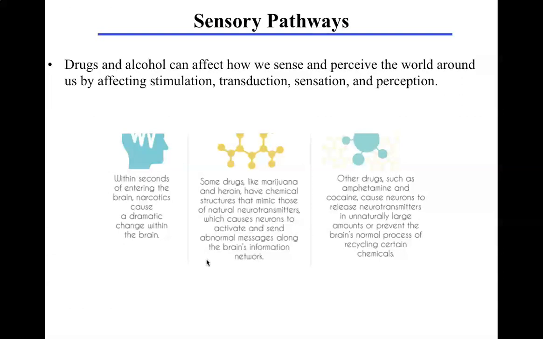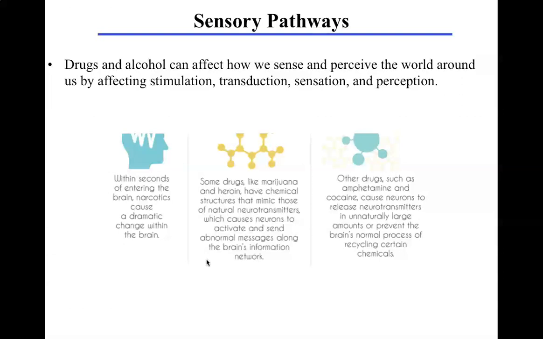Well, if you drink some alcohol, or you smoke marijuana, or you take some speed or cocaine or heroin or whatever, you're ingesting chemicals that interact with your brain, and those chemicals are going to cause perception of things that aren't there. So someone who uses drugs might hallucinate, or they might hear sounds that aren't there, or they might not hear sounds that are there, or they might see colors that don't exist.